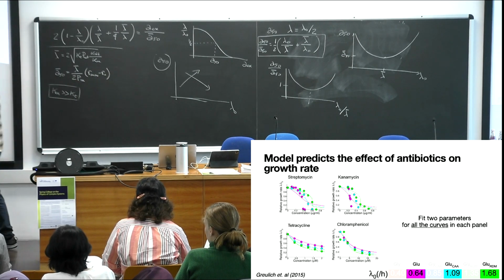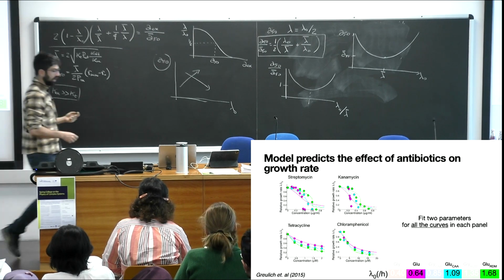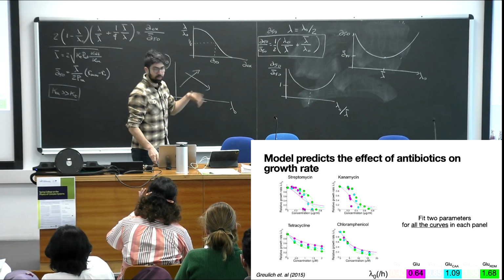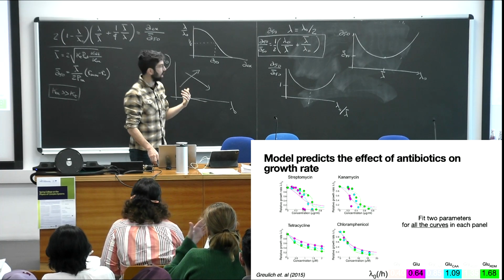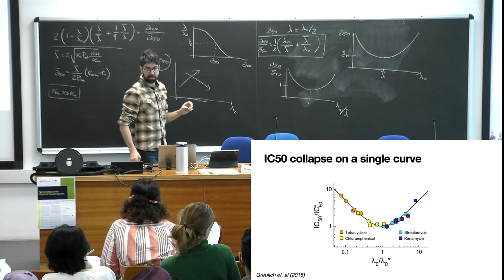You can fit them to any of these 3 conditions, and the same for the others. What you get for free is that you then rescale the growth rate by these fitted parameters, and you get the collapse.